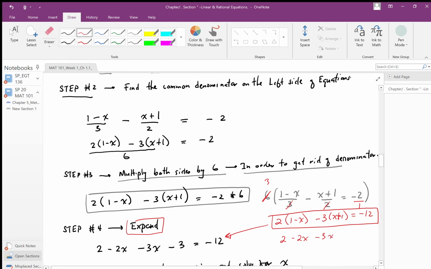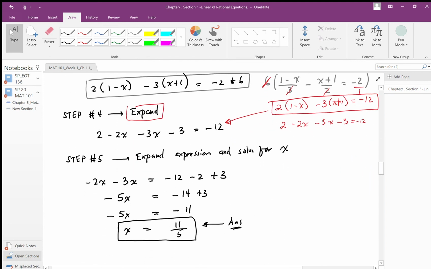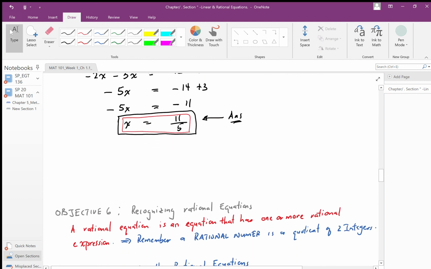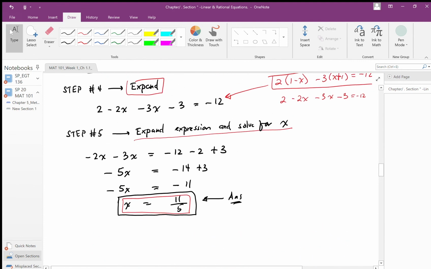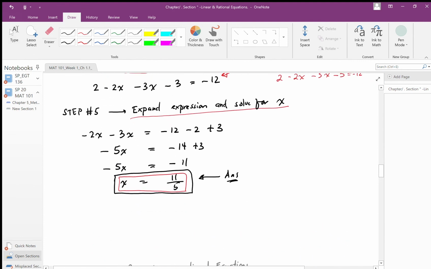Negative 3x minus 3 equals negative 12. And then once I've expanded the expression, I'm just going to solve for x. And when I do, I'm going to get x equals 11 over 5. So now you can check this answer to see if it is so. Again, whatever's on the left-hand side of the equation has to equal what's on the right-hand side of the equation.